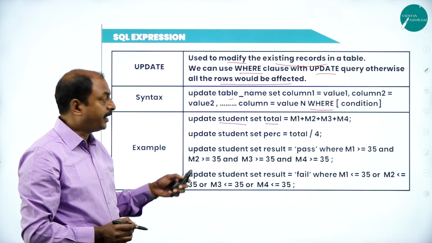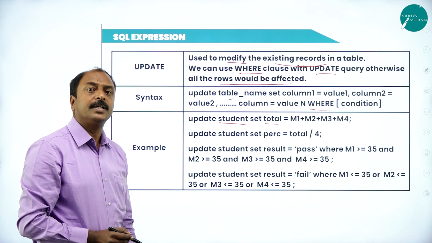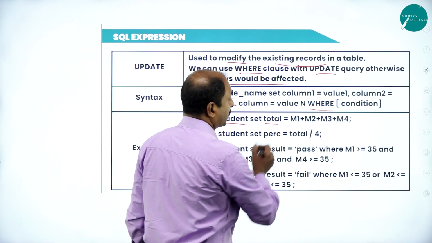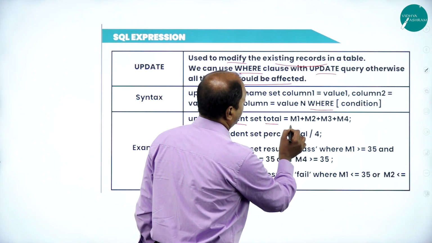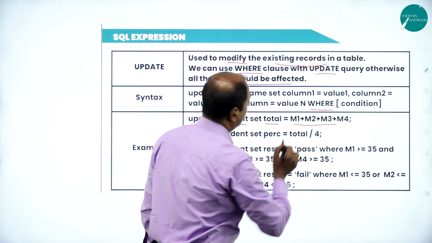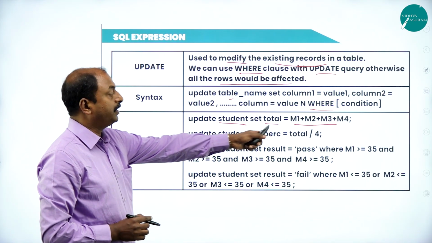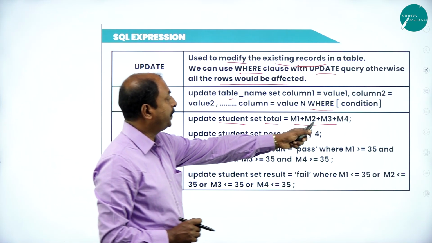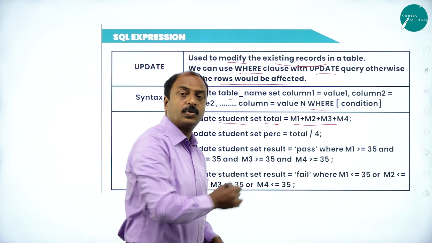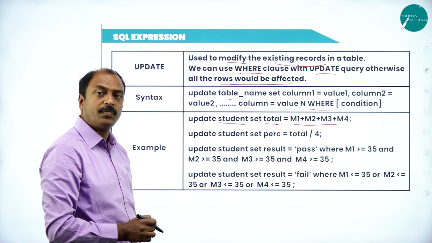So in this example we are going to update the total. So total is one column. So here total equals, this is the formula. So in this example, we are going to update the total field or attribute of a record.